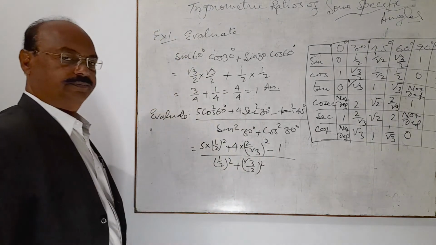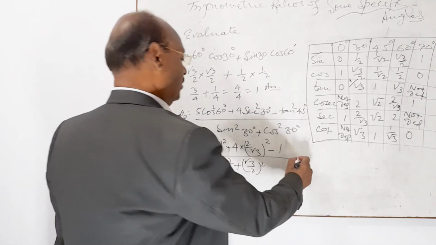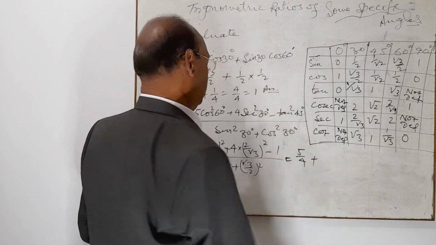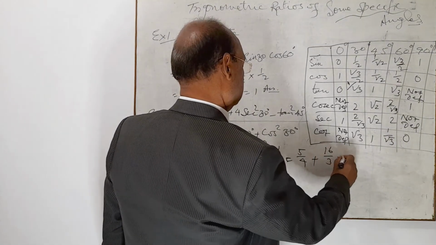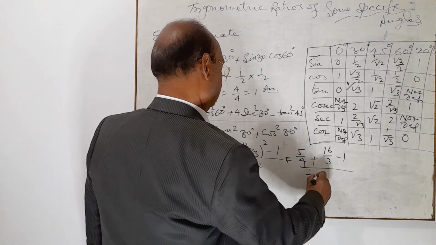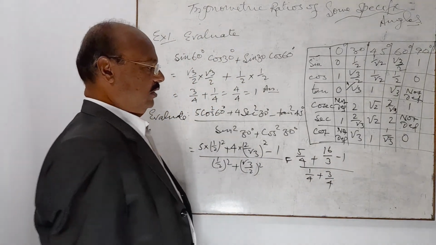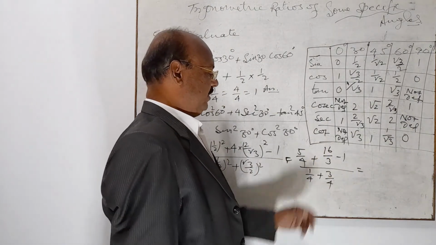Now let us simplify it, we'll get the result very easily. So this is 5 by 4 plus 16 by 3 minus 1, divided by 1 upon 4 plus 3 by 4. And this is equal to, find the LCM in the numerator.